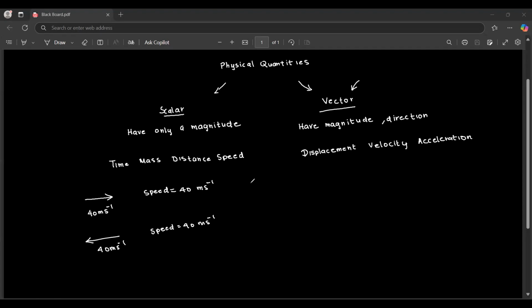We have to keep in mind that we must talk about direction as well as magnitude whenever we write a vector quantity. We can also say force. Force is also a vector.